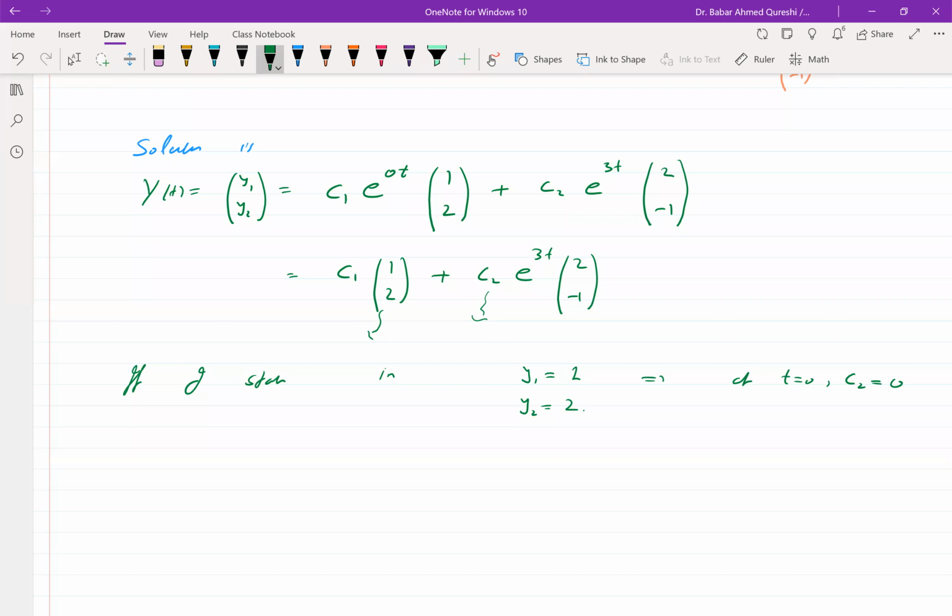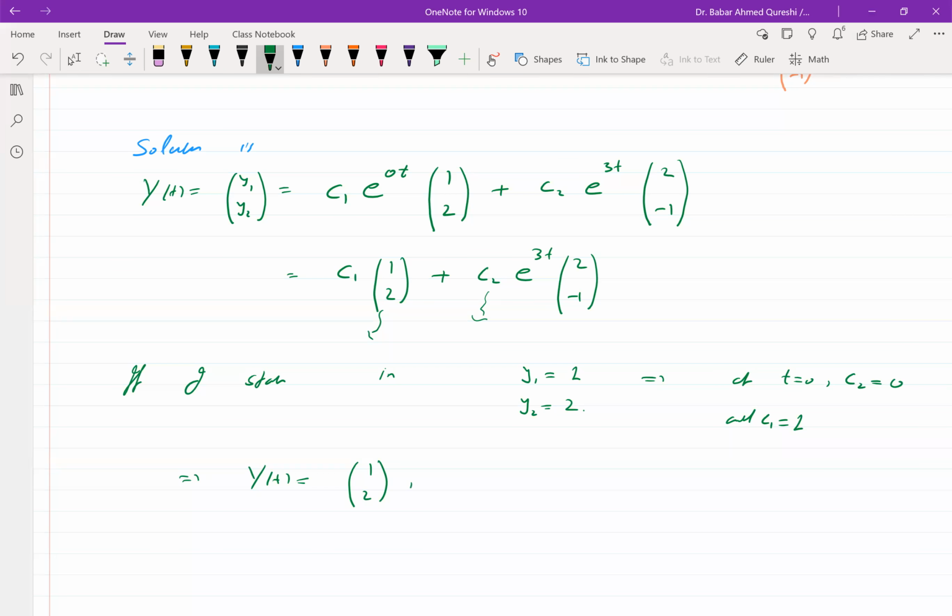But if it's 0 at the start, it's just 0. That implies that the solution, with C1 equal to 1, is just this constant.